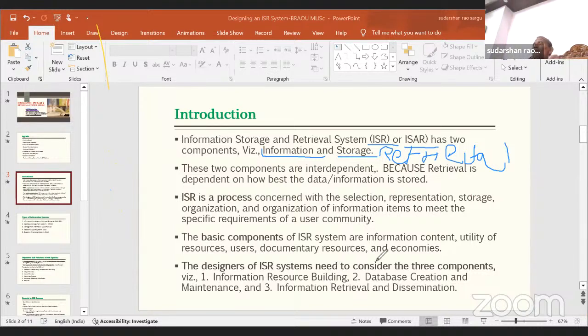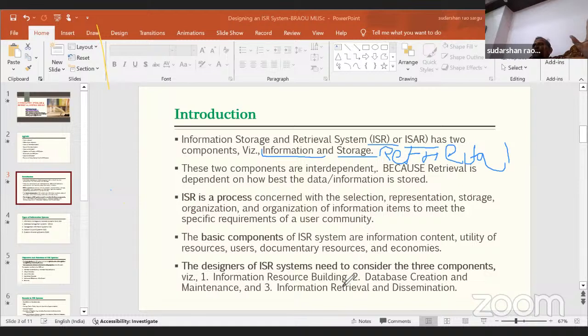Imagine you as a library information manager designing an ISR system. As a designer of an information storage and retrieval system, you have to look at information resource building, collection building, document building: what information is going to be required for a library or an organization.